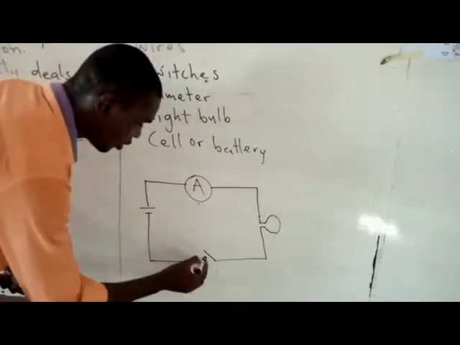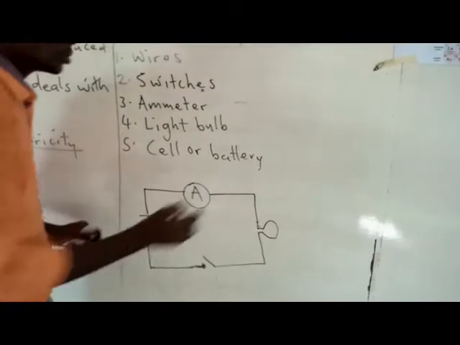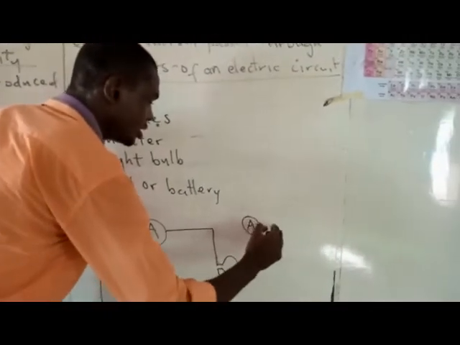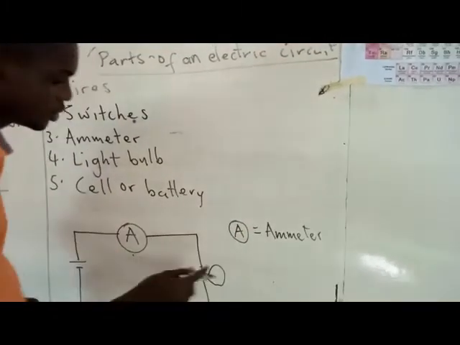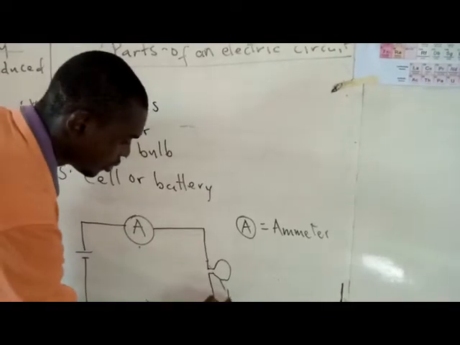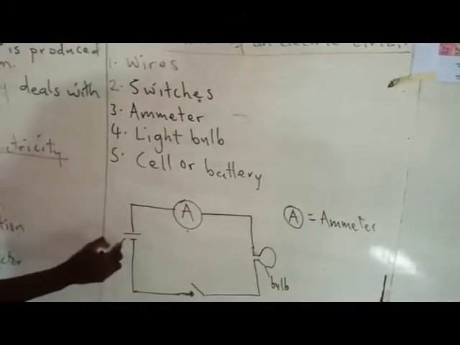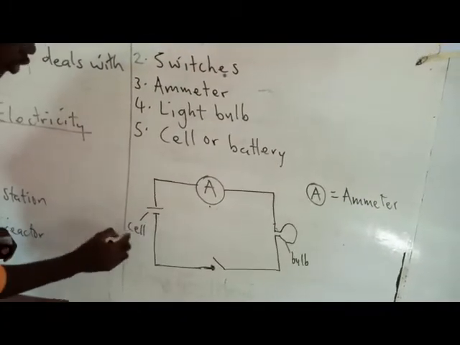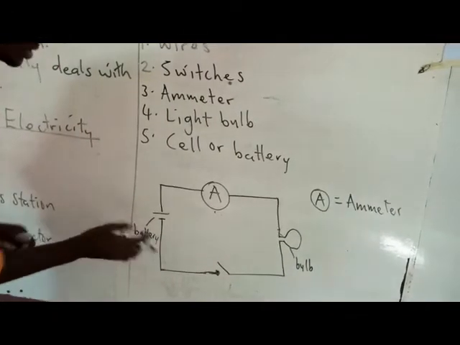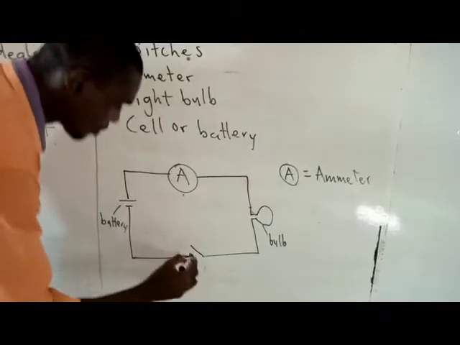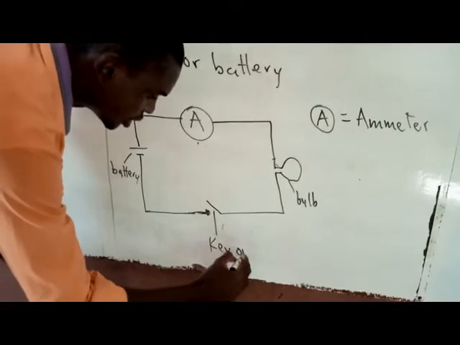Now this is what we call a diagram of an electric circuit. Now all these things stand for something. This stands for ammeter. This one here is the bulb, the electric bulb, the light bulb. This is the cell or the battery. That's the source, the generator of electricity. This one here we call the key or switch.